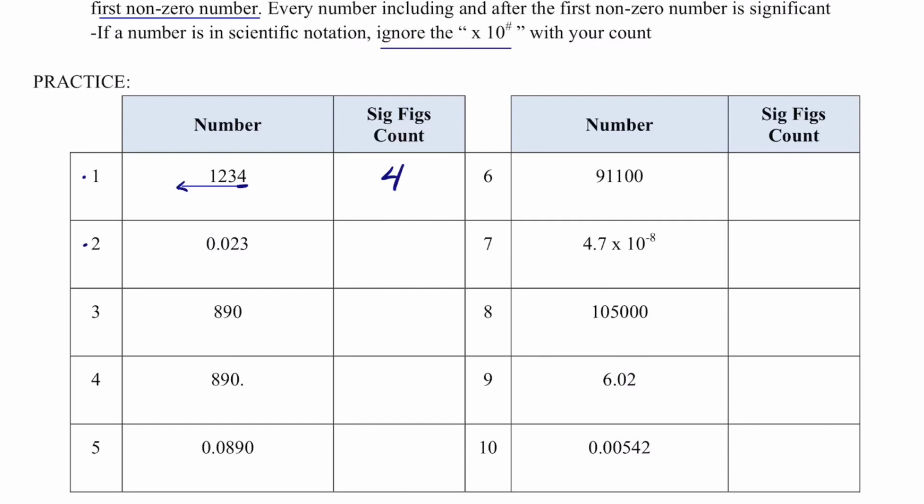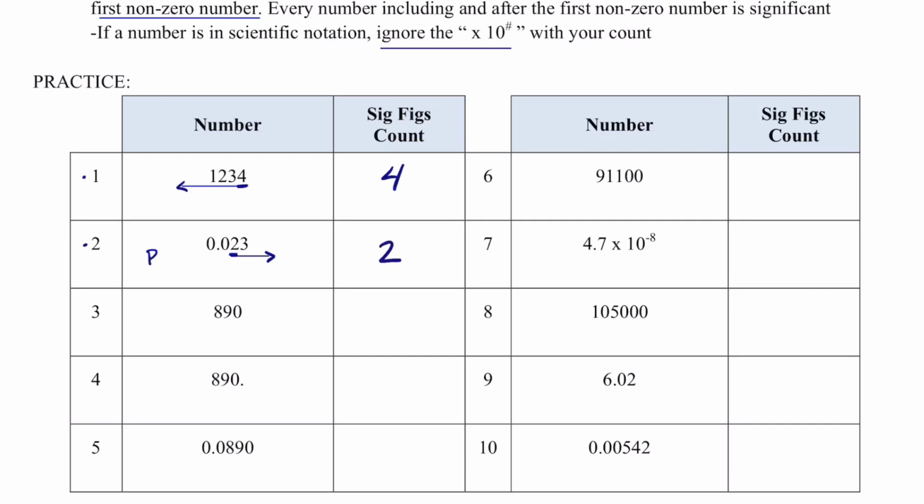On number 2, is the decimal present or absent? The decimal is present, so we need to start from the Pacific side, and I'm going to travel to the other side until I hit my first non-zero number, which is 2. Anything including and after 2 is significant.